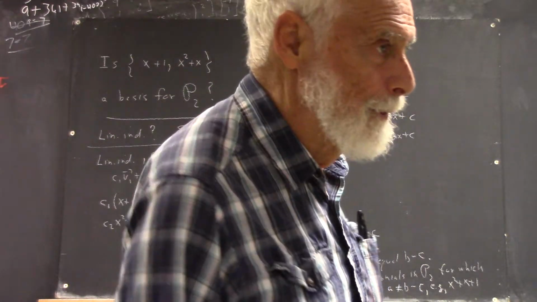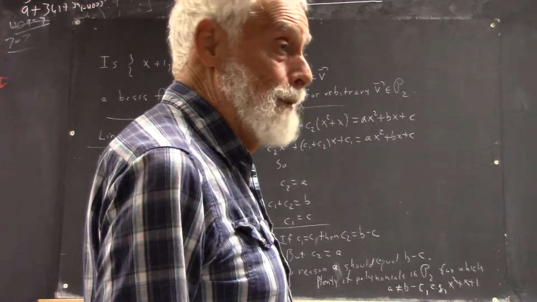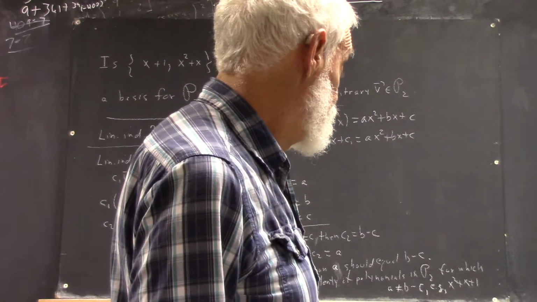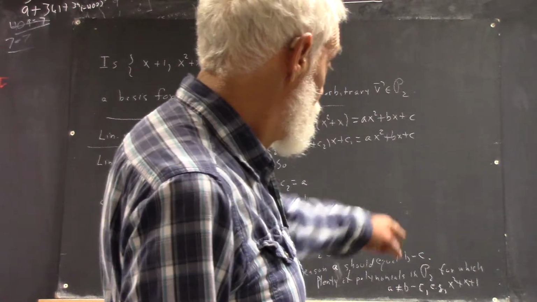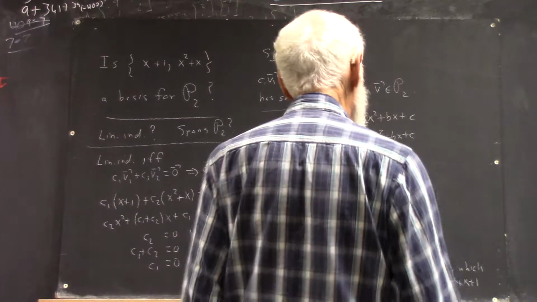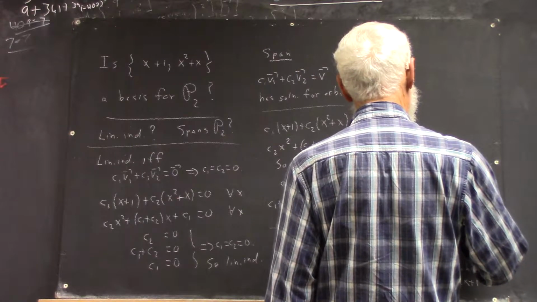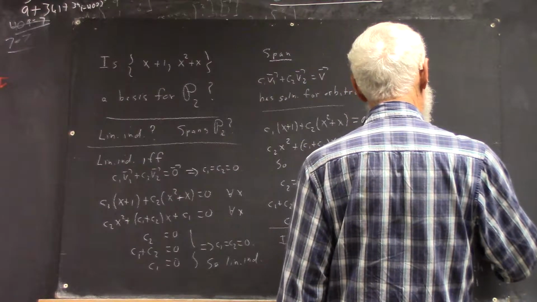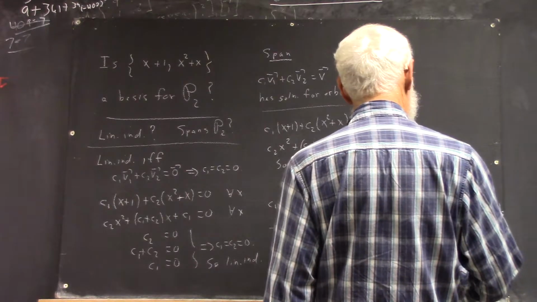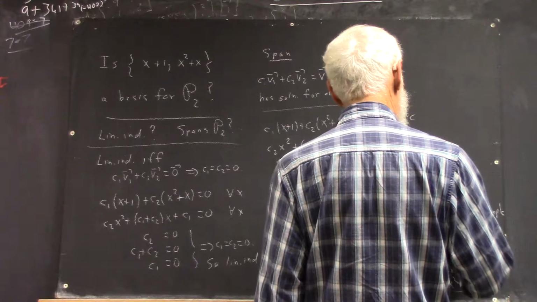Clearly a is not equal to b minus c; b minus c is 0. So this is a counterexample. There's your counterexample.